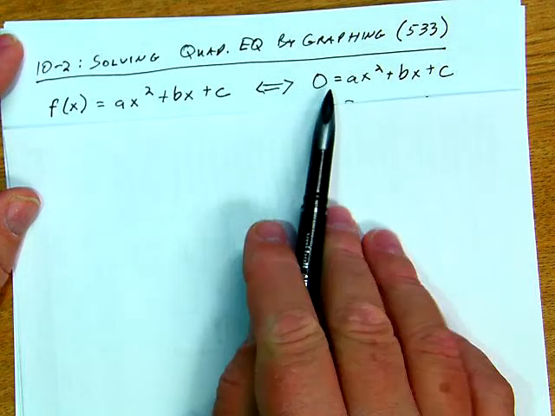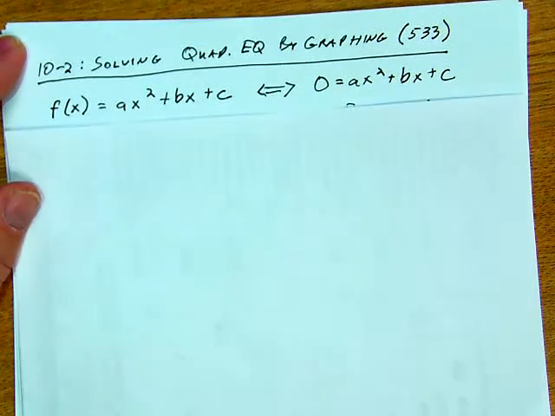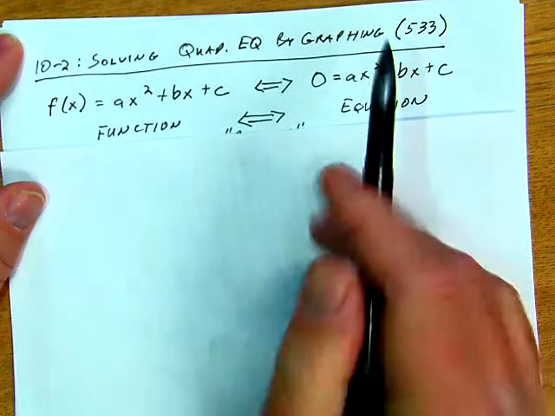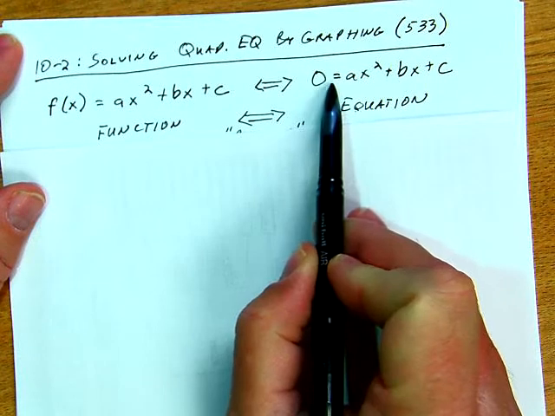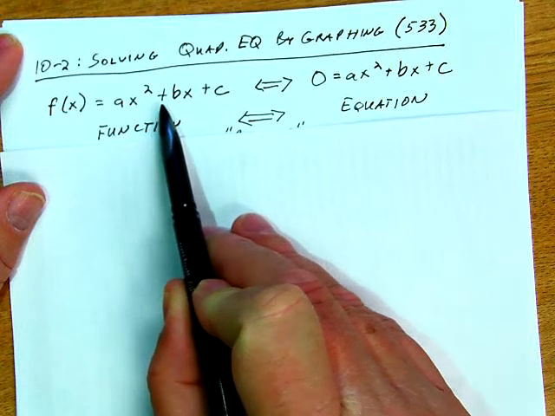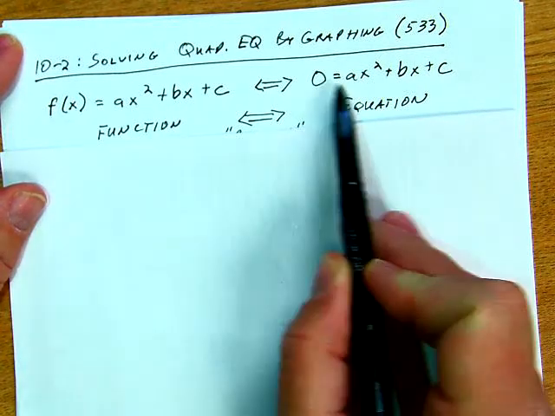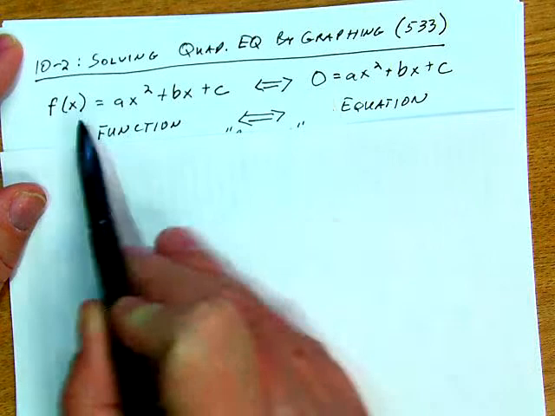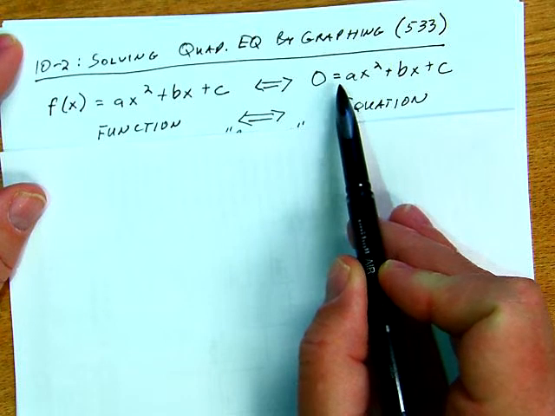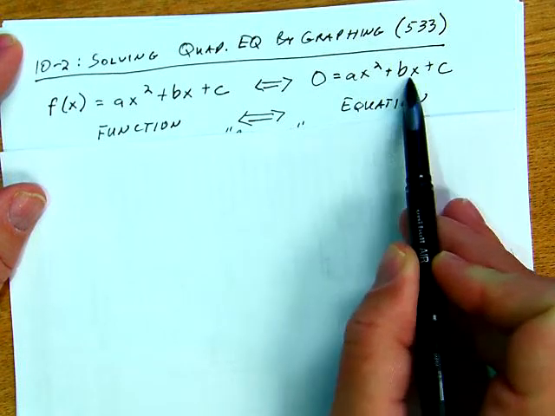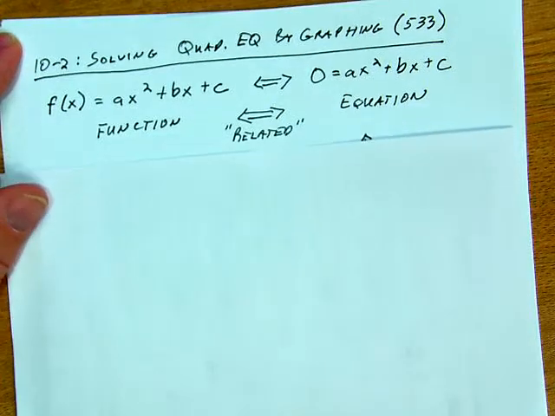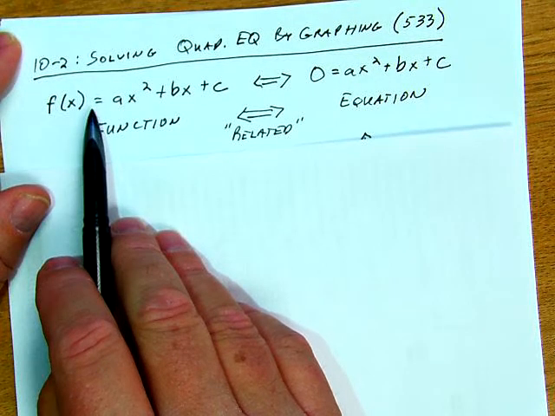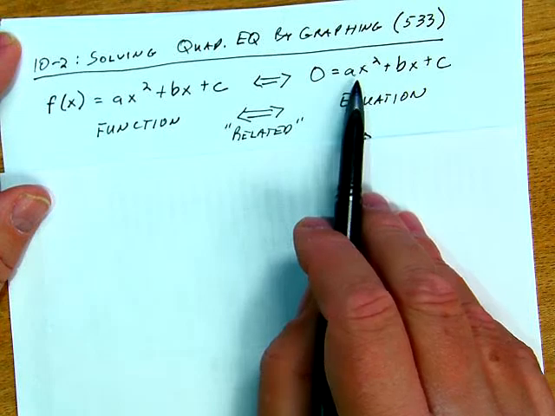If you look at that as an equation versus a function, you've got an equation here and a function here. When I set f of x equal to 0, these two things are called related. If I give you a function and ask you to solve its equation, that's its equation.